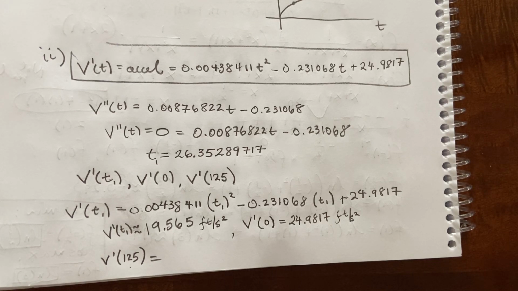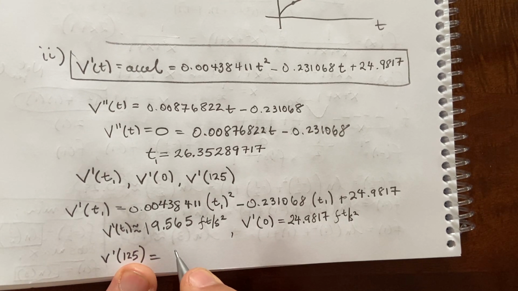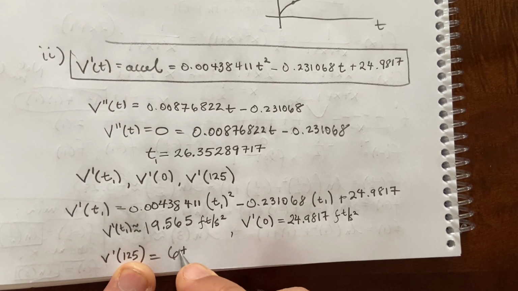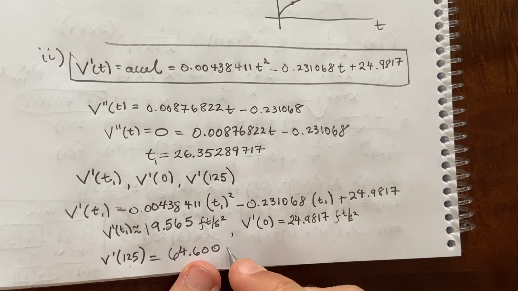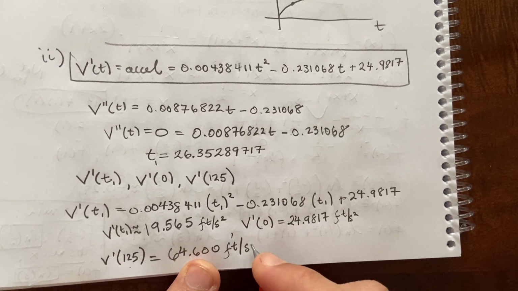Okay, so it looks like I'm getting about, well, I'll just say it's about 64.600, and that's feet per second squared.